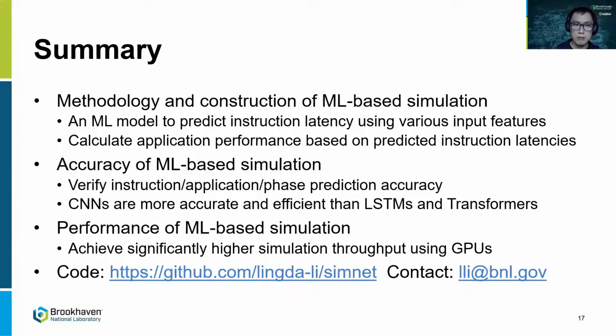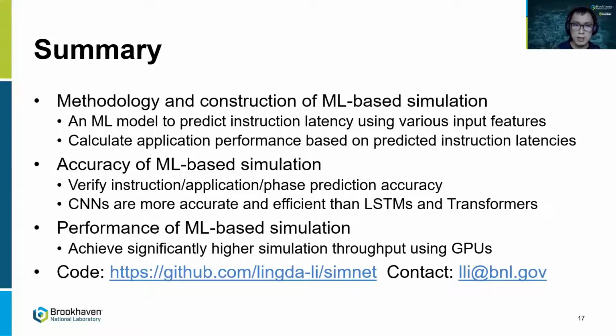So in summary, we propose the first machine learning-based computer architecture simulator, SimNet. Particularly, we propose to use a machine learning model to predict instruction latency, and we propose a set of input features for such predictions.